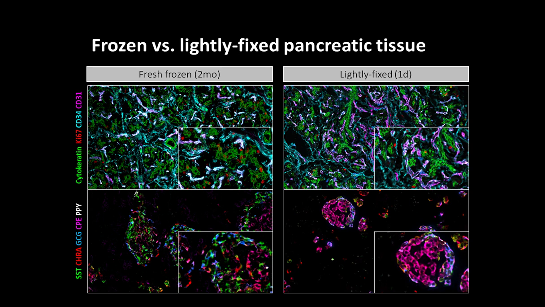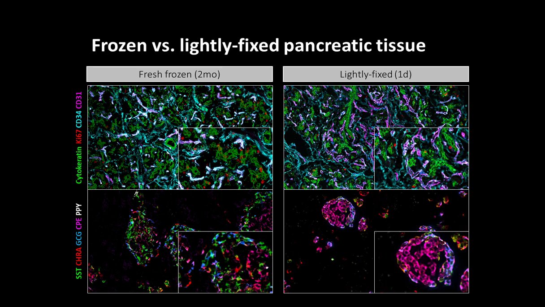And then on the right will be the lightly fixed tissue that we've developed in our laboratory. So this first row shows some of the Akoya pre-conjugated antibodies, and as you can tell from the images, they perform quite well in both the fresh frozen and the lightly fixed tissue. So you can see that this resolution is very good, isolating both individual cells as well as structures.